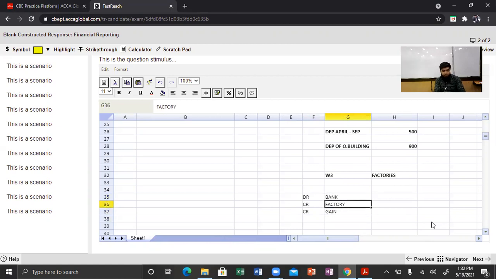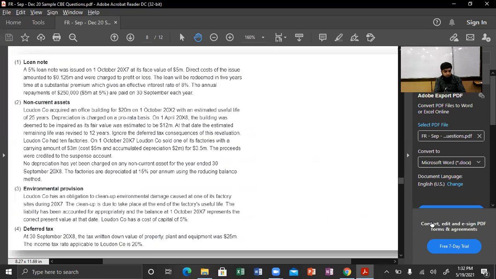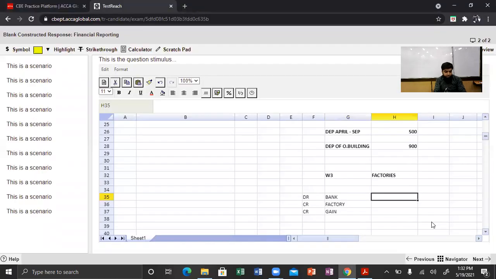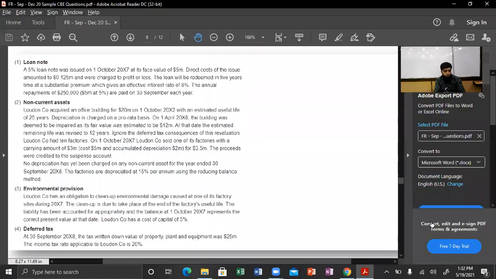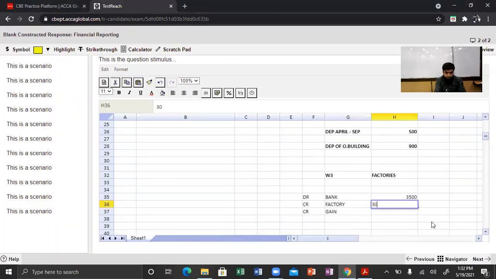Let's see what they did. Bank: they have sold the factory for 3.5 million, so for 3,500 it should have been debited. The factory is sold out, and the carrying amount of that factory was 3 million. It means the factory should have been credited with 3,000, and further the 500 of gain should have been recorded. That was the correct entry that should have been recorded.